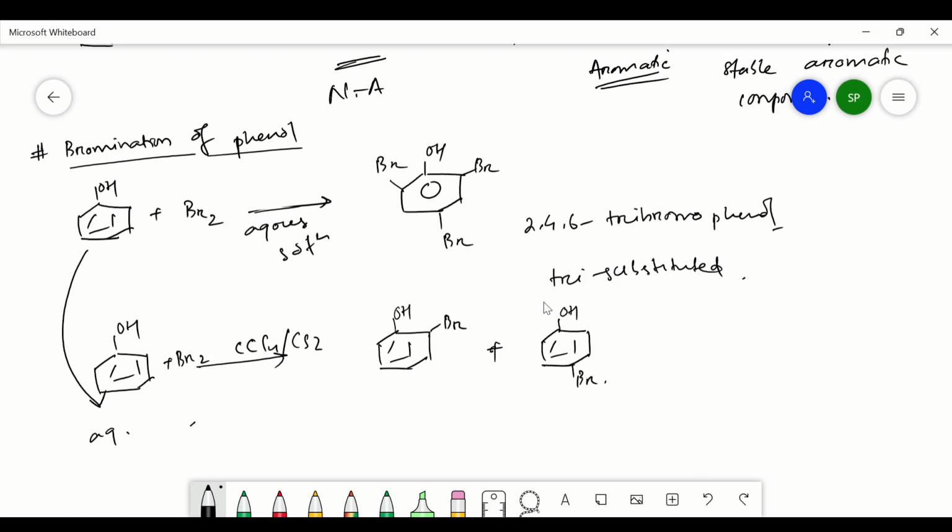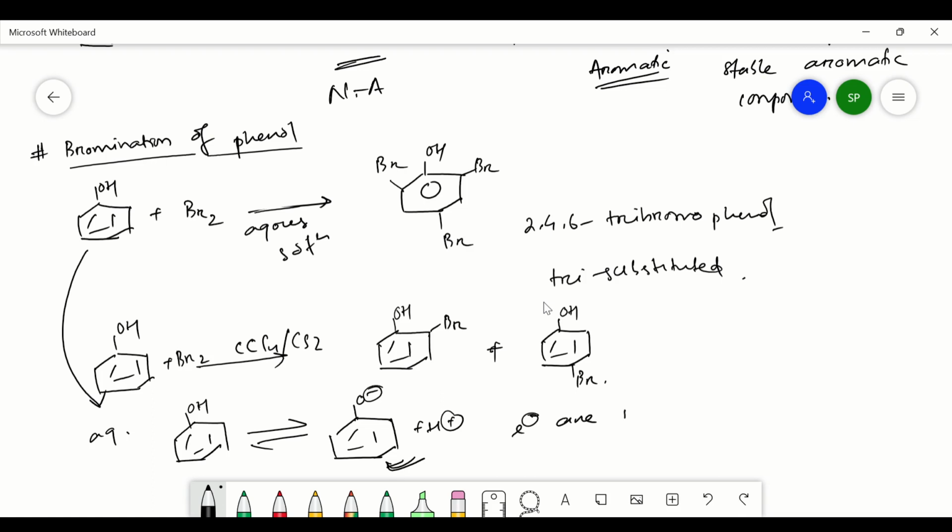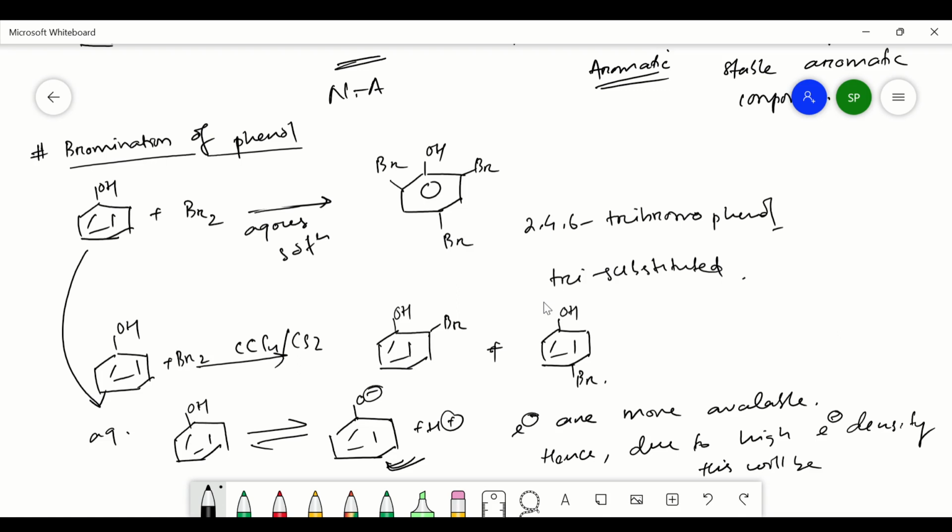So in aqueous solution, this phenol will undergo dissociation and formation of phenoxide ion plus H plus. Due to the formation of phenoxide ion, the electrons are more available. Hence, due to high electron density, this will be tri-substituted.